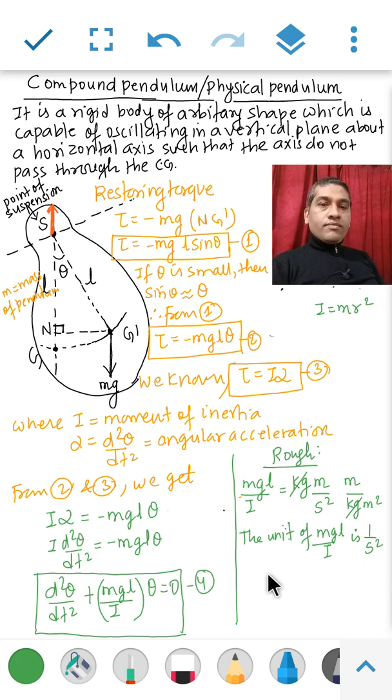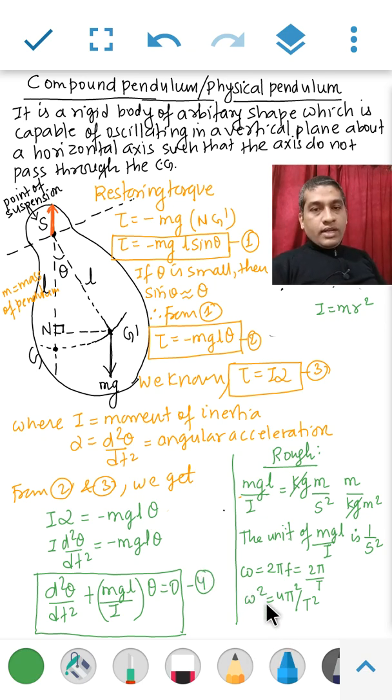Now we know angular frequency omega equals twice pi f equals twice pi by T. Let's take the square of this. So omega square equals 4 pi square by T square, and this term 4 pi square does not have a unit.